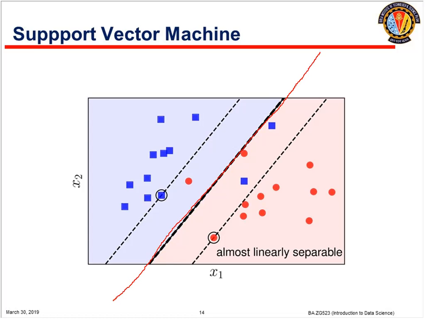Other samples apart from the support vectors now don't matter. Only the support vectors are used to calculate the margin from the boundary. So you want to maximize the margin between the two sets of support vectors, and the boundary you want to create is the one that will maximize that margin.